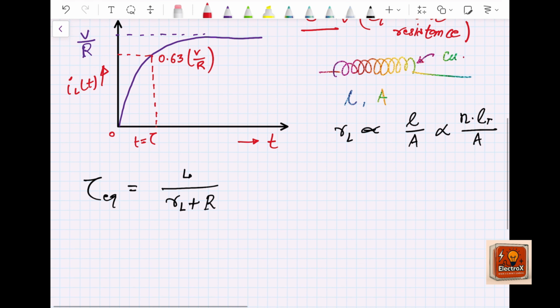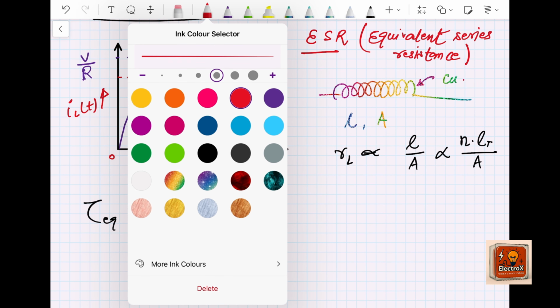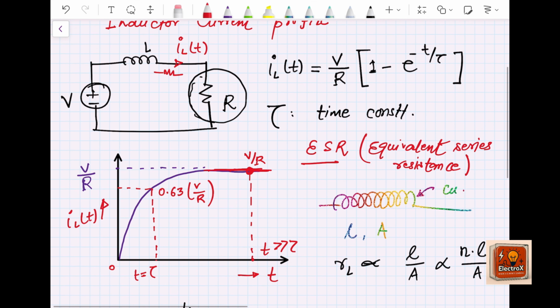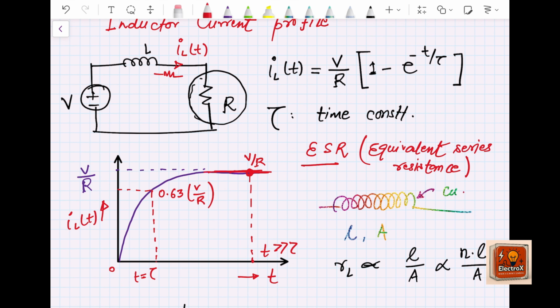So what is happening here? If we notice the current profile, the current is increasing non-linearly, exponential in nature, and it reaches a constant value which is V by R. For time t much greater than tau, we can consider that it has a fixed current value, which is nothing but V by R, meaning in the steady state this inductor is not opposing any current, and the current becomes constant, depending only on the resistive value of the circuit but not on the inductance value.